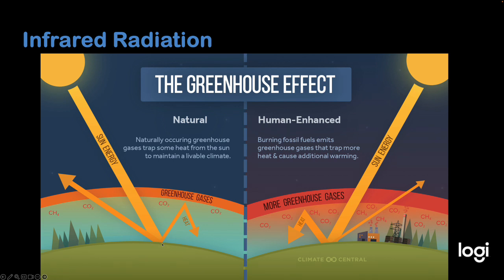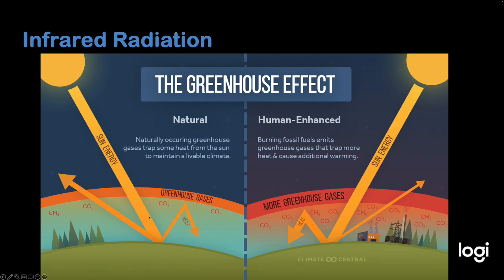And then the ground radiates that heat in the form of infrared radiation. Greenhouse gases like CO2 or H2O in our atmosphere are really good at reabsorbing and re-emitting infrared radiation. So it acts as a blanket, holding that infrared radiation in and causing the Earth to be warmer than it otherwise would have been.